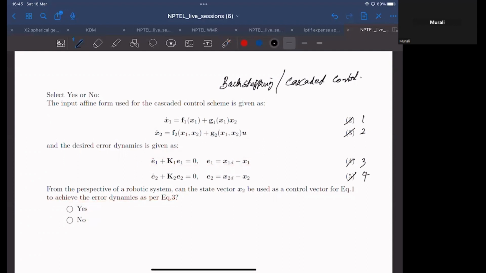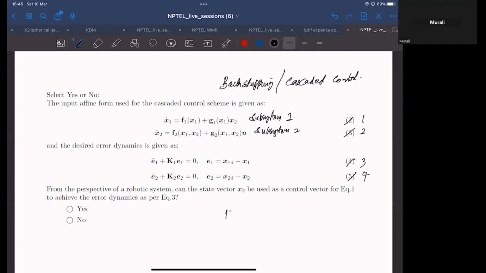So basically, this is the first subsystem, and this is the second subsystem. This is a general structure of an input affine system. But if we apply it in terms of a robotic system, we would know how a robotic system would look like.